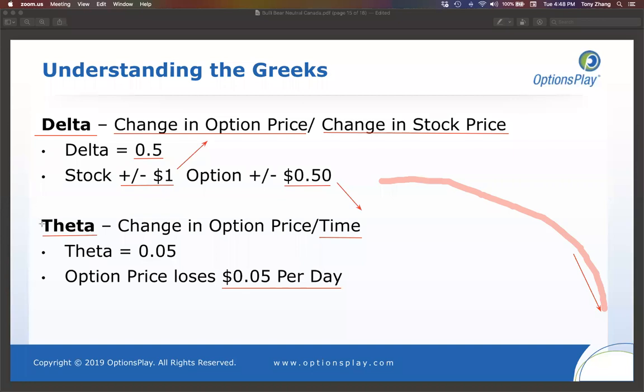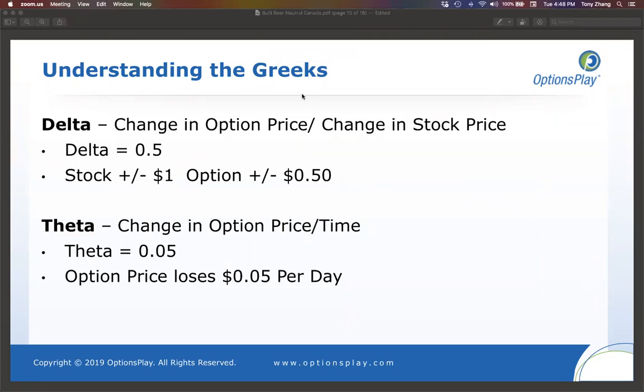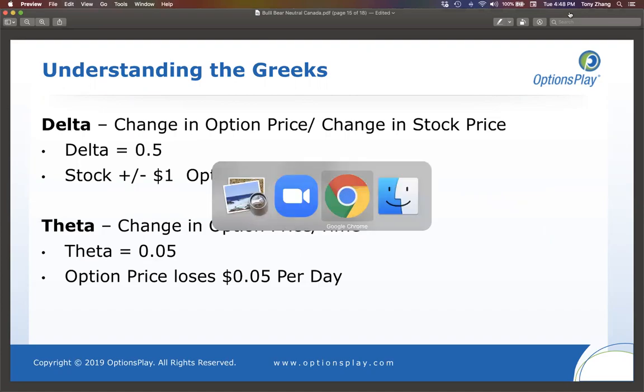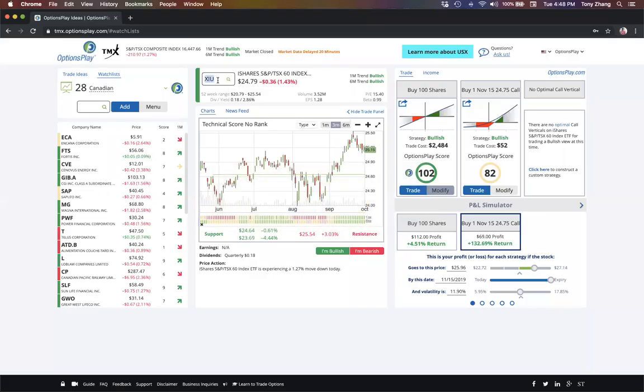That's why delta and theta are the two most important Greeks to understand whenever you're trading options. So those are the two primary Greeks that I want to cover. With that, I want to jump over to Options Play and show you guys some real examples, because that's how I think most people learn.